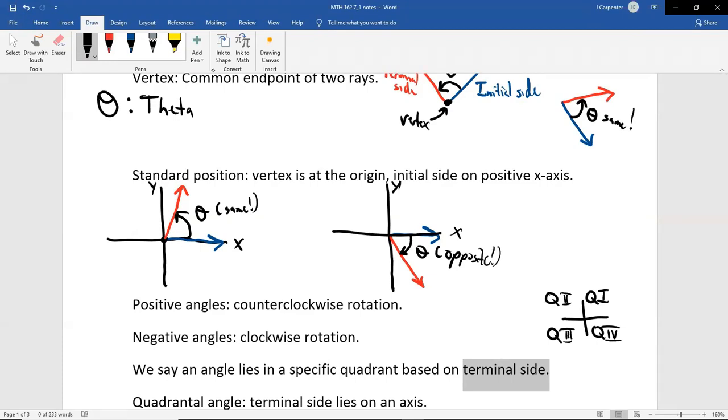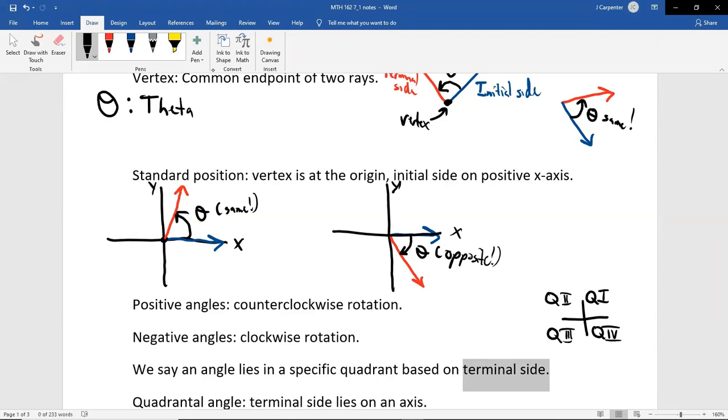Then as we keep swinging counterclockwise, we go to quadrant 2. Then eventually we end up in quadrant 3. Then eventually we end up in quadrant 4. The entire labeling of quadrant numbers is based on trigonometry and positive angles as they go from 0 all the way up to 360, or even more if you keep going around more.